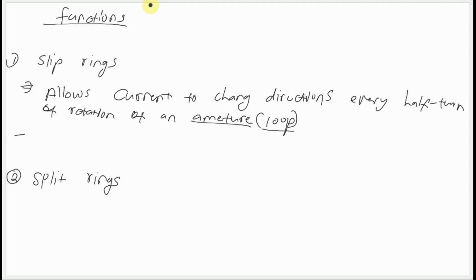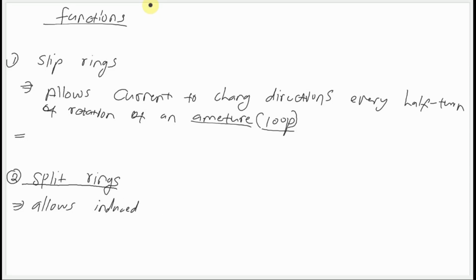Okay, and then here I'll talk about the one that is different from the slip rings. Remember, split rings allow induced EMF, not EMF, but just induced current.